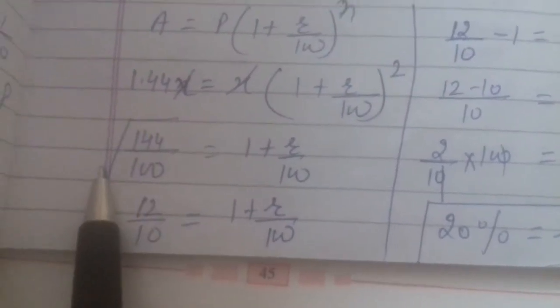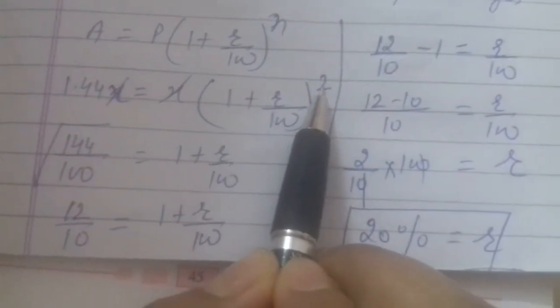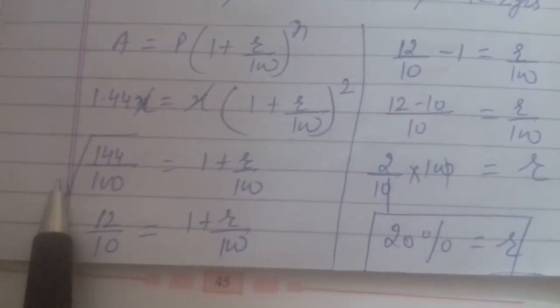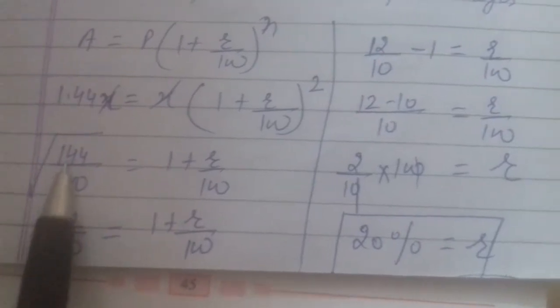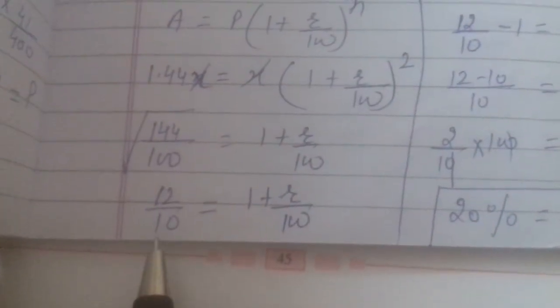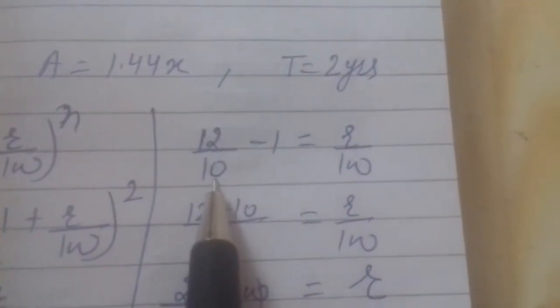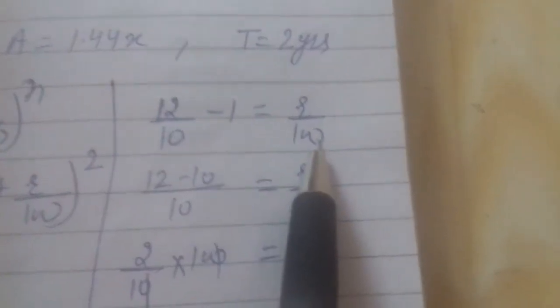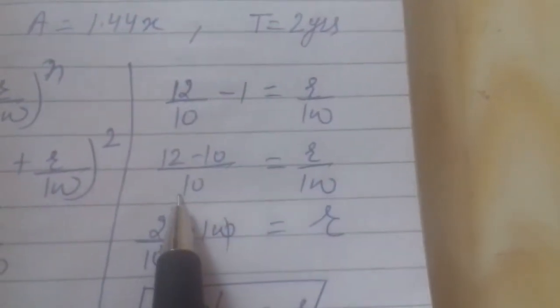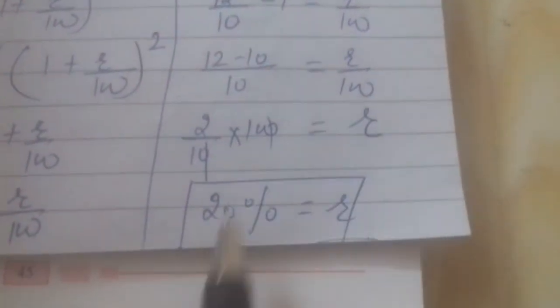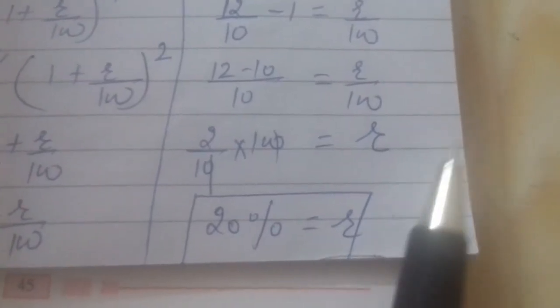And when you remove the square from this side, it changes to square root. So what will you get? Square root of 144 is 12 by 10 is equal to 1 plus r by 100. Now after that, 1 we can transpose to this side. 12 by 10 minus 1 is equal to r by 100. Take LCM and after the cuttings the rate percent is 20%.